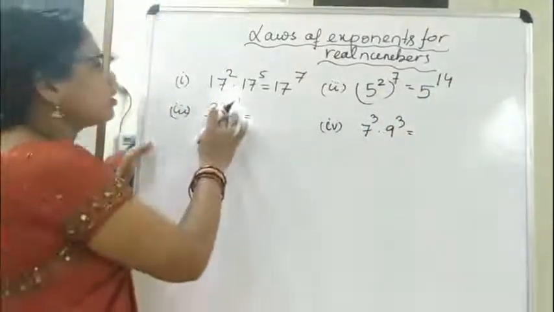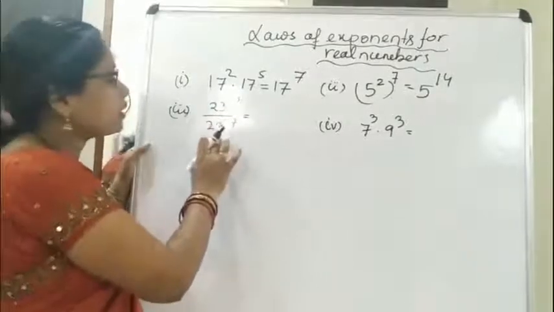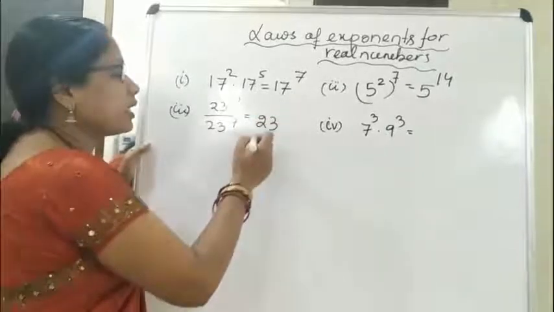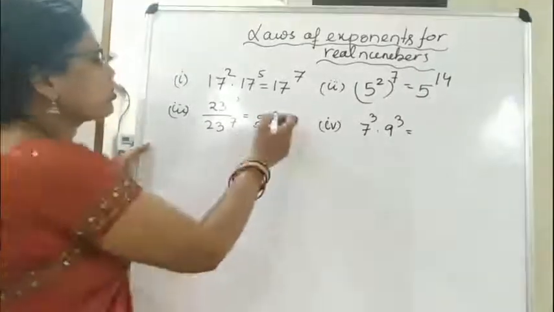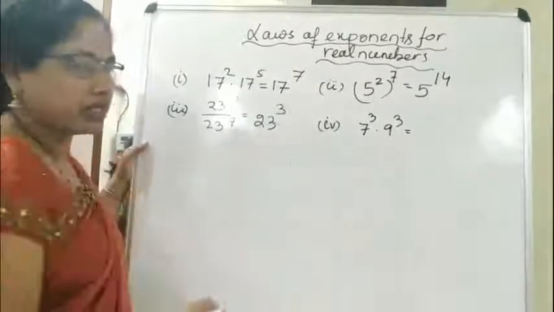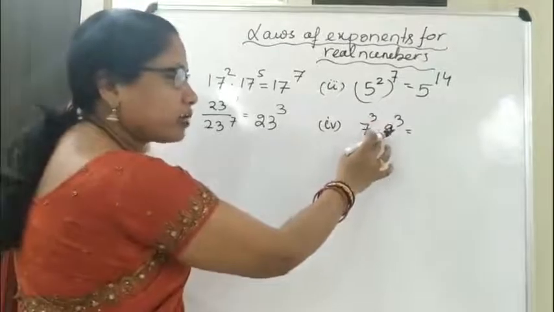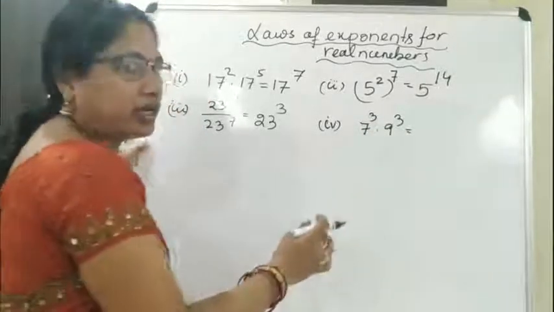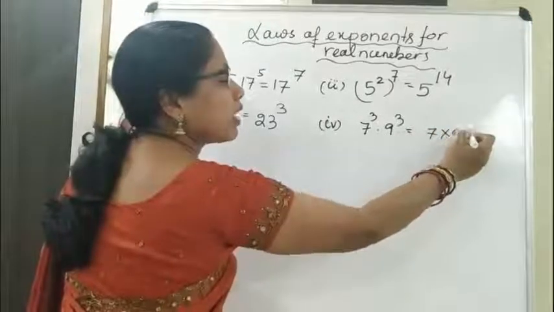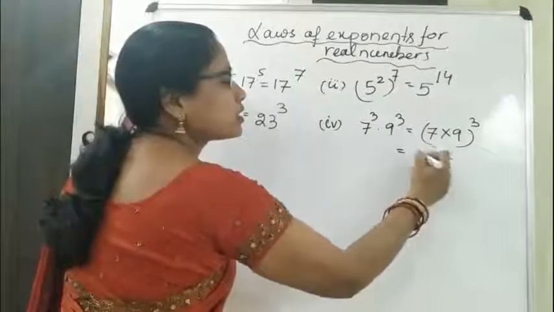Again here, 23 to the power 10 divided by 23 to the power 7 we can simplify as 23 to the power 10 minus 7, that is 23 to the power 3. And 7 to the power 3 multiplied with 9 to the power 3 can be written as 7 into 9, whole to the power 3, that is equal to 63 to the power 3.